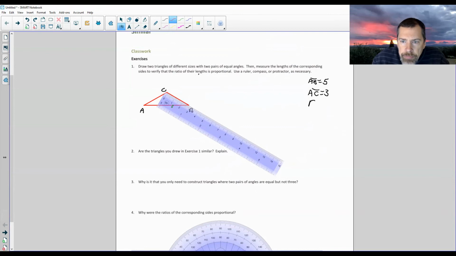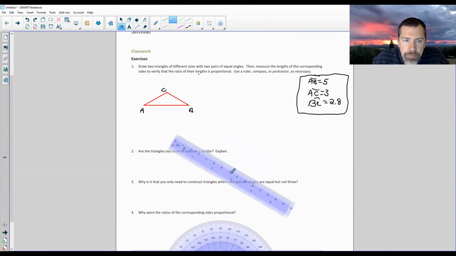So BC equals 2.8. So there's my first triangle, with side lengths. Angle A is 30 degrees, so I should add that for this triangle. The measure of angle A equals 30 degrees.